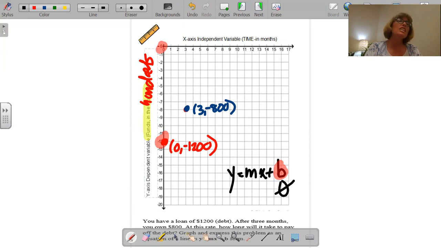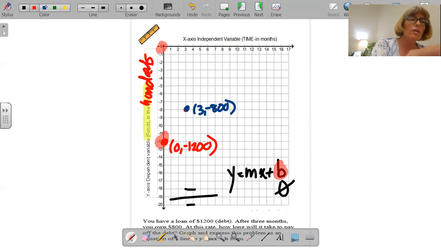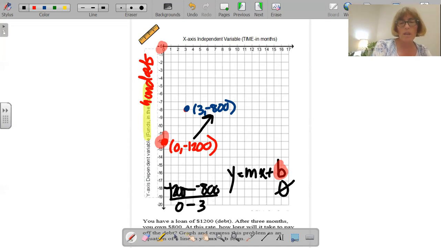Rise is the difference of the y's over the run, which is the difference of the x's. So difference, subtract. So right here, the difference of the y's, I'm going to have negative 1,200 minus negative 800 over 0 and 3.